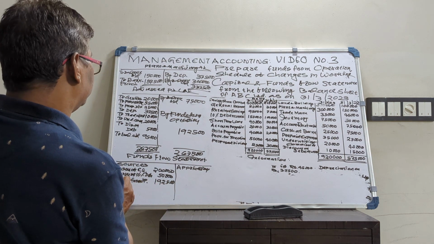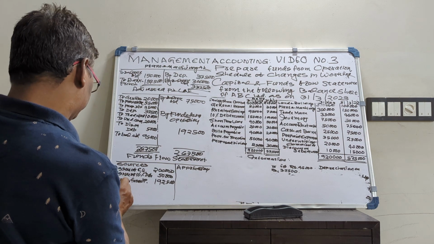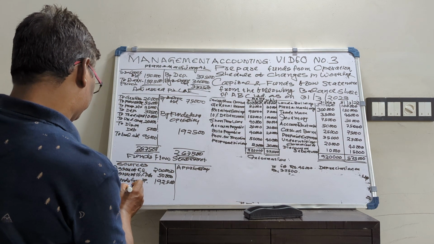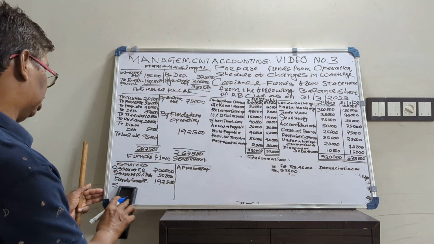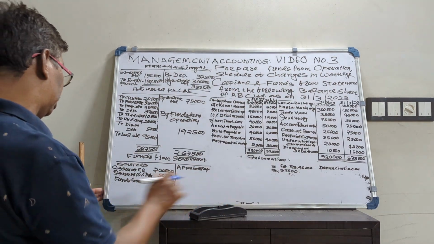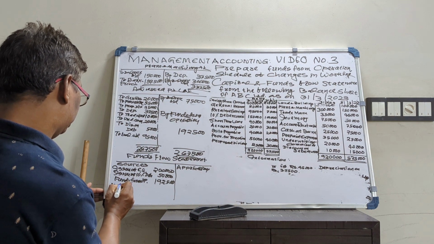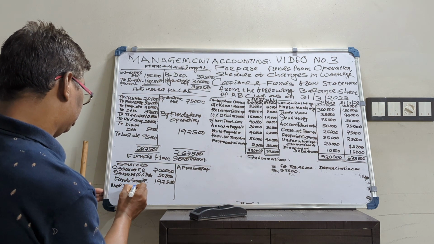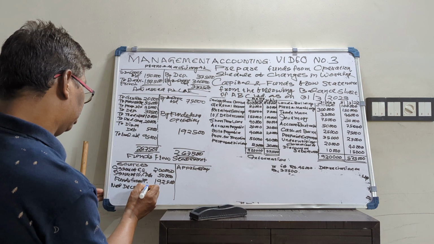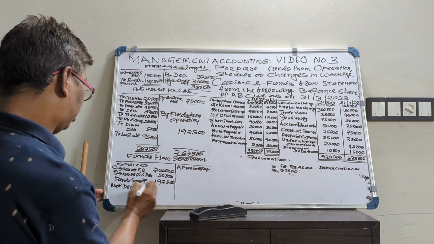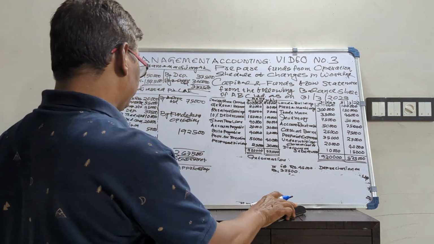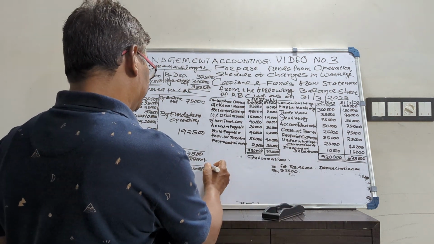Then statement of changes in working capital, that is net changes in working capital. Net decrease in working capital, that we have to do. Then on the credit side, application.